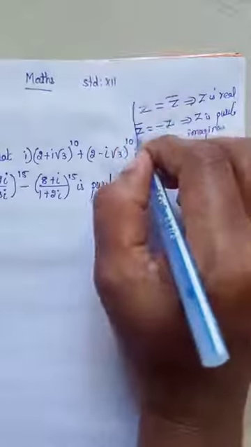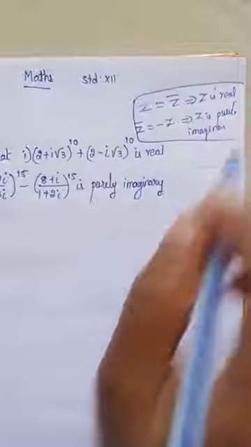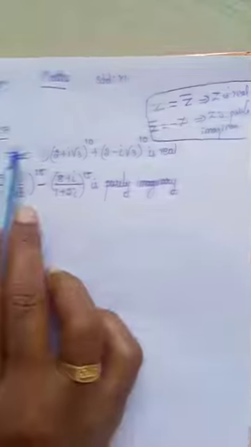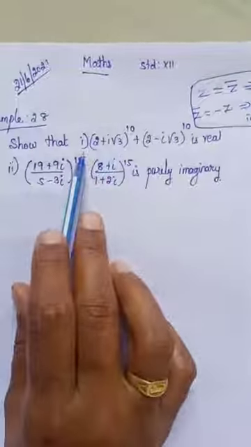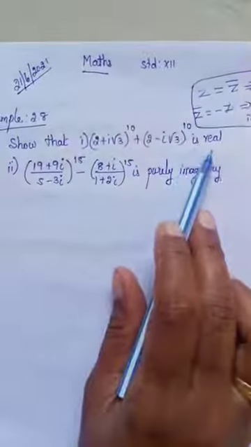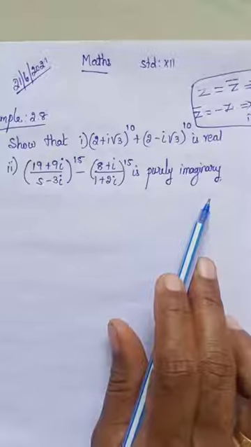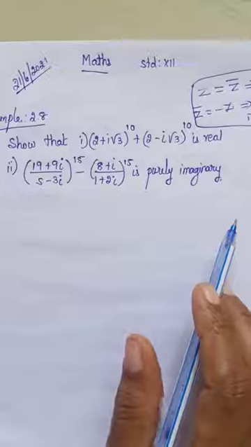So here in example 2.8, in subdivision 1 they have asked us to prove that it is real, and in subdivision 2 we have to prove that it is purely imaginary.